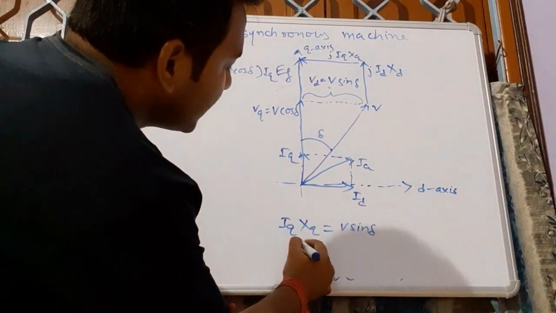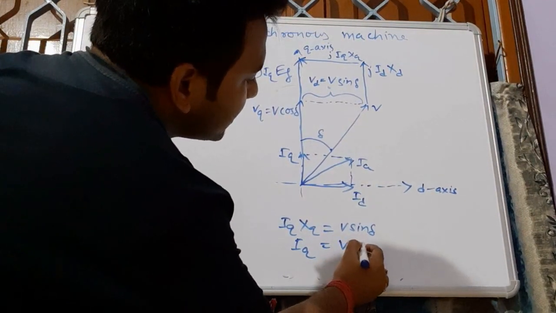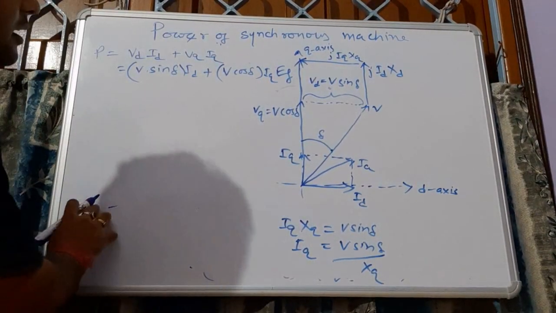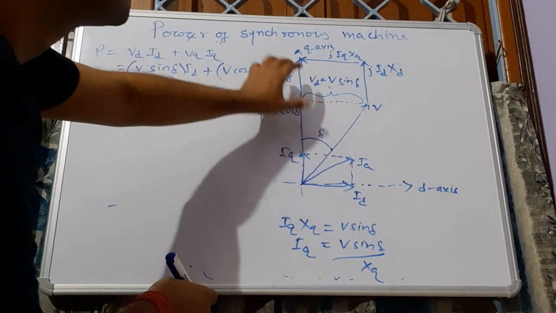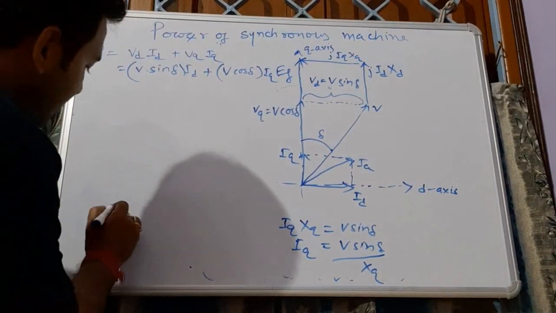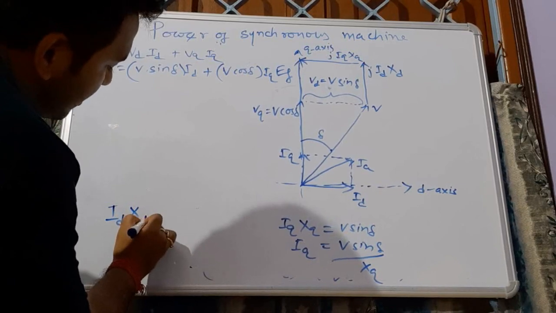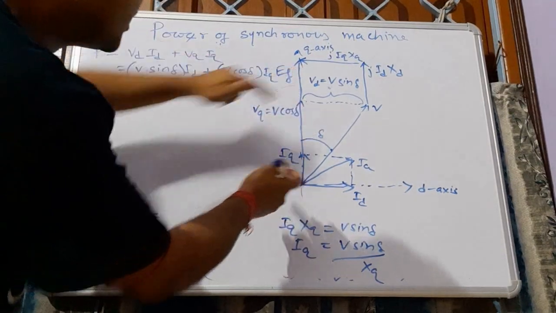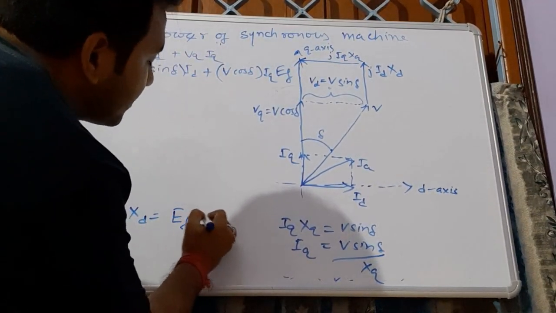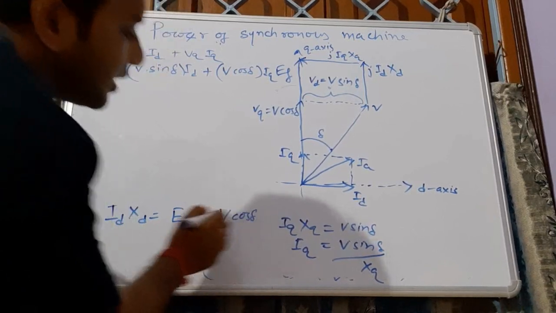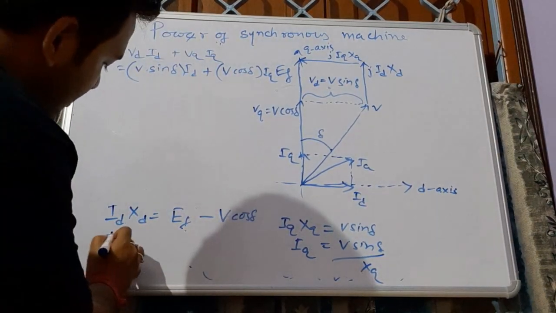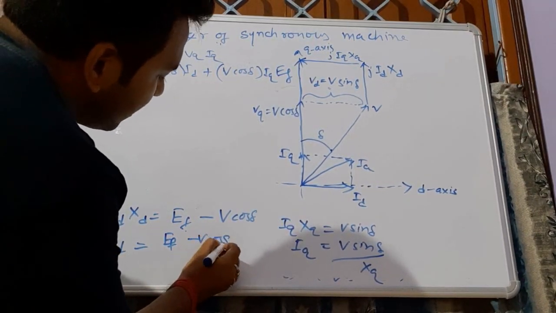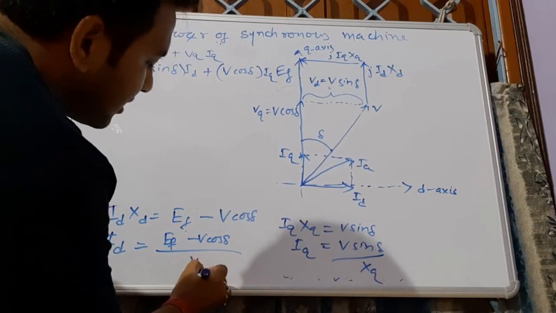So IQ can be written as V sin delta divided by XQ, right? And this portion ID XD can be written as this total part EF minus this part, so EF minus V cos delta. So ID will be equal to EF minus V cos delta divided by XD, right?